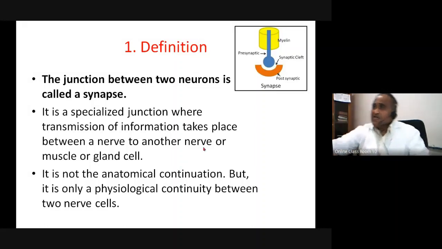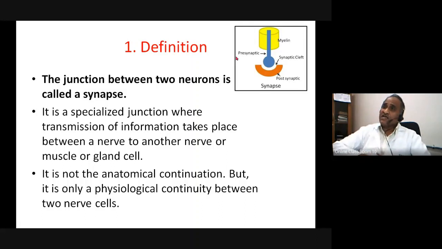Now here at the top I have made the synapse. I have just made this ball and socket. The socket represents the postsynaptic site. The ball represents the presynaptic terminal. So this is the simplistic diagram of a synapse.